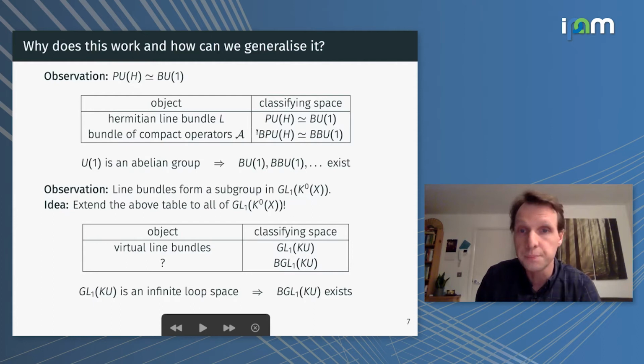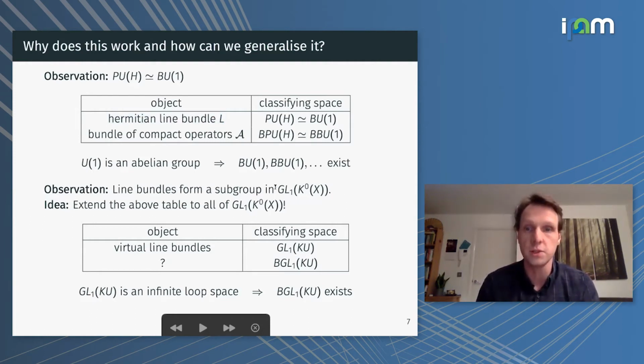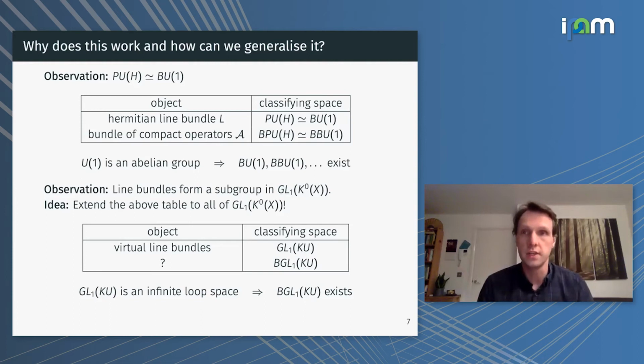And yeah, so this all makes sense, but how do you generalize this, right? If you think about these Hermitian line bundles for a second, then what they are is they are units in the topological K-theory of your underlying space, right? Because if you take a line bundle and tensor it with its dual, then you get the trivial one-dimensional line bundle, right?